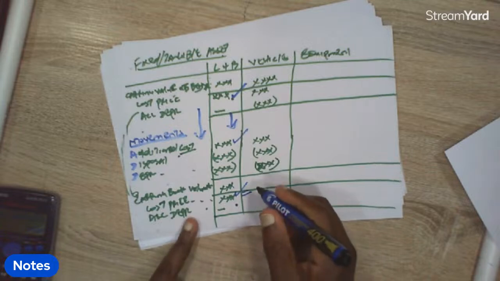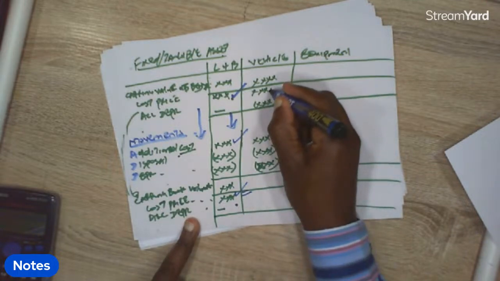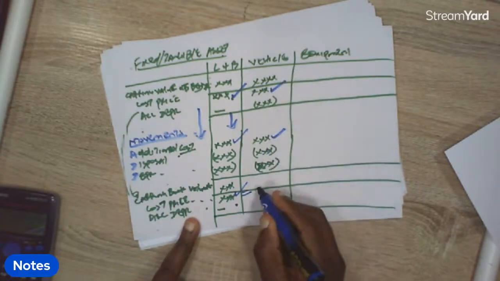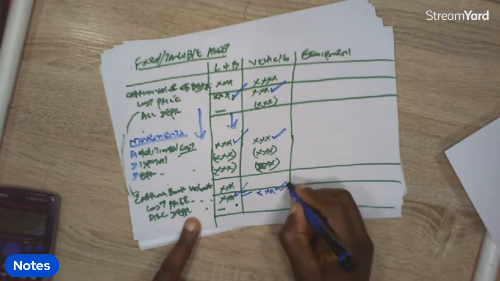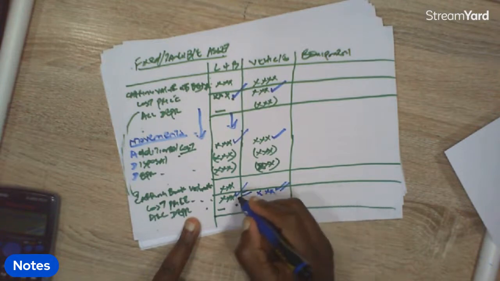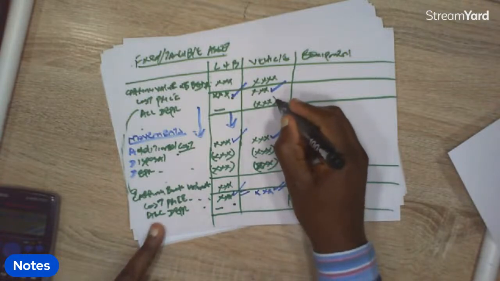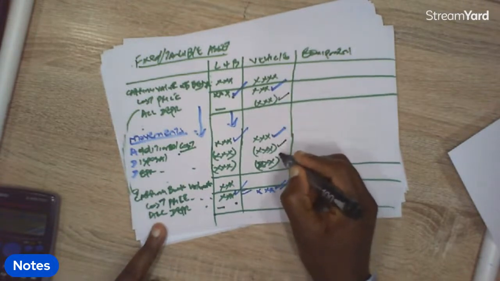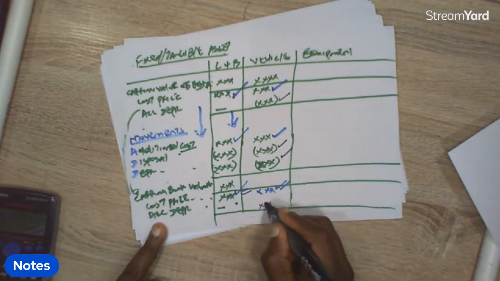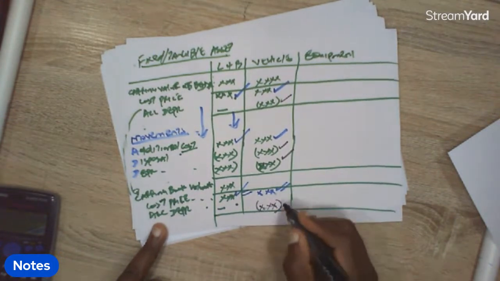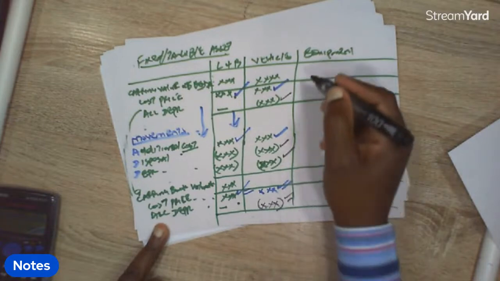To get your figures at the end, you take the cost plus the cost, you get the cost at the end. Then to get the accumulated depreciation, this bracket plus these three brackets, you get the bracket here. You see.